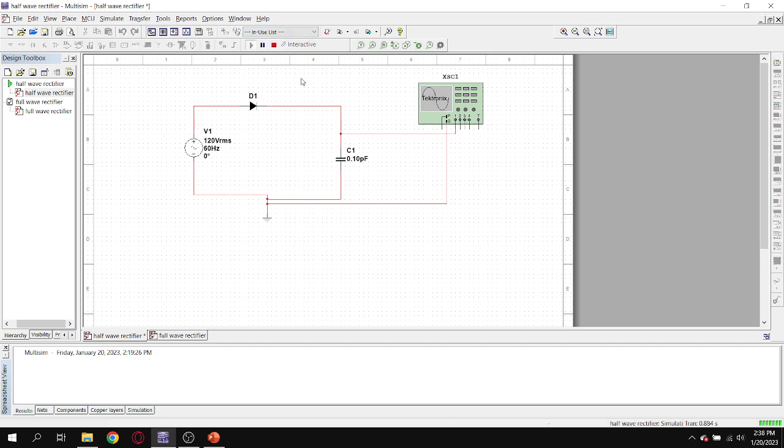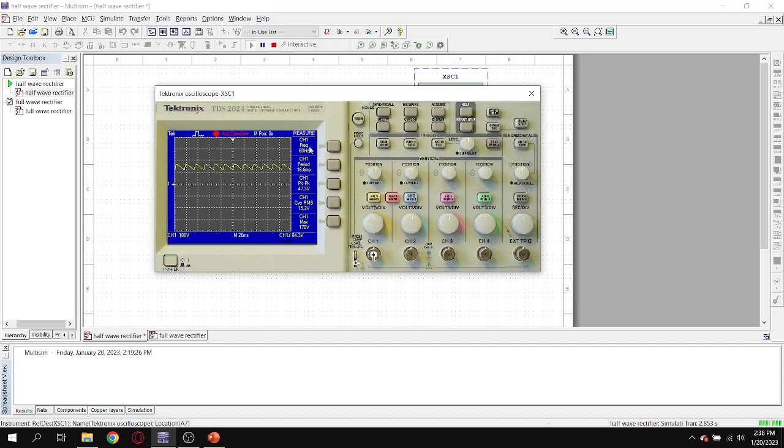Let's see. As you can see from the waveform, the voltage peaks and then it drops down slowly, and then it peaks again, and then it drops slowly.